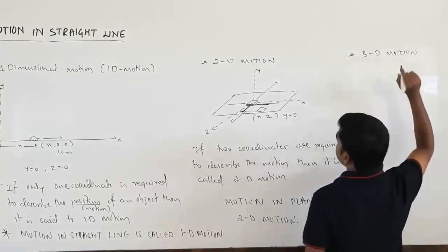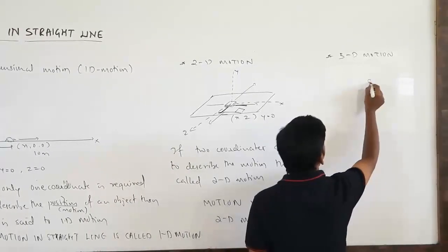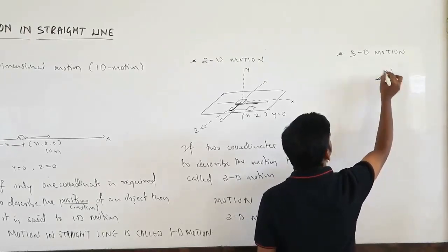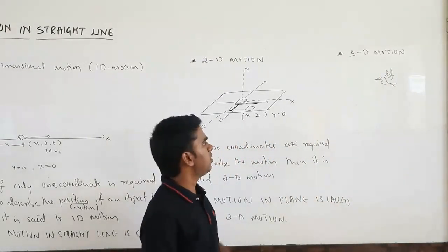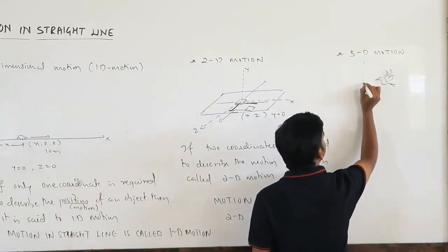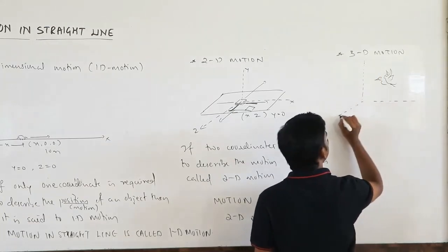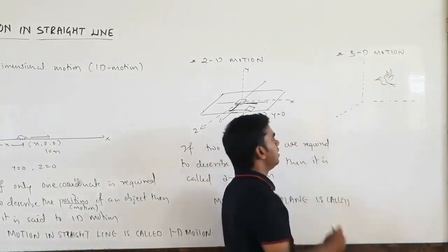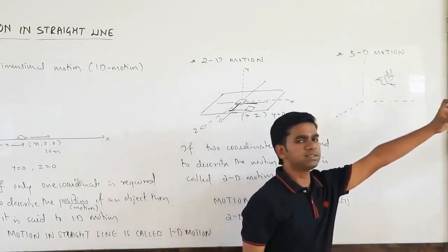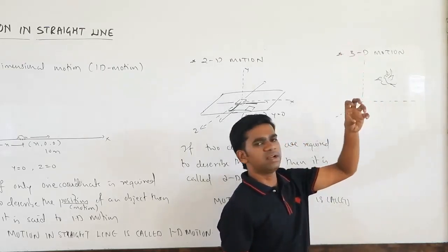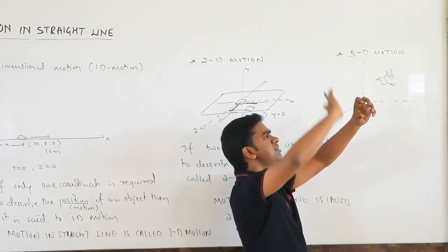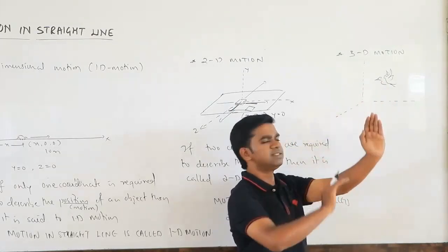So what exactly is 3D motion? You can take a bird. The bird is flying, which means it is in space. To describe this, you will consider three axes. Say it is somewhere here. The bird may go along X, along Y, or along Z. If it is here, it is some X distance from the origin, some Y distance from the origin, and some Z distance from the origin.